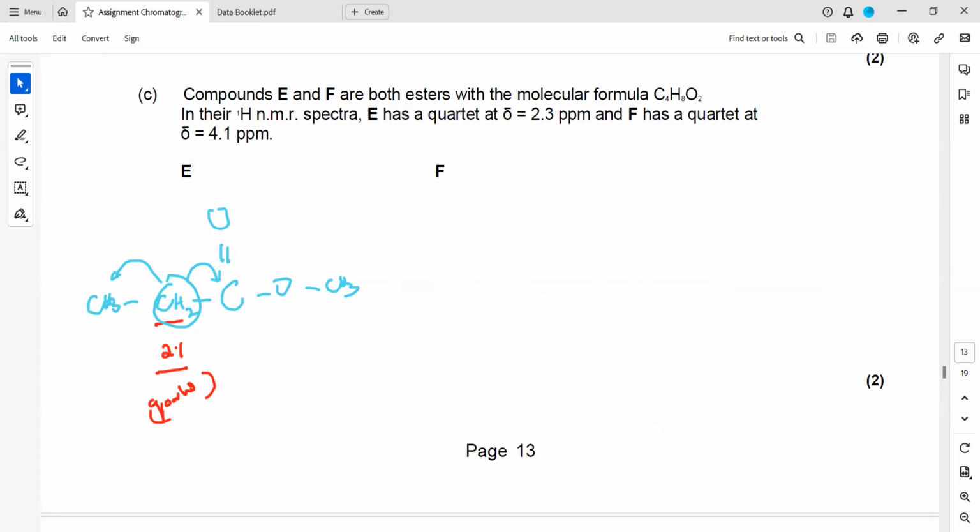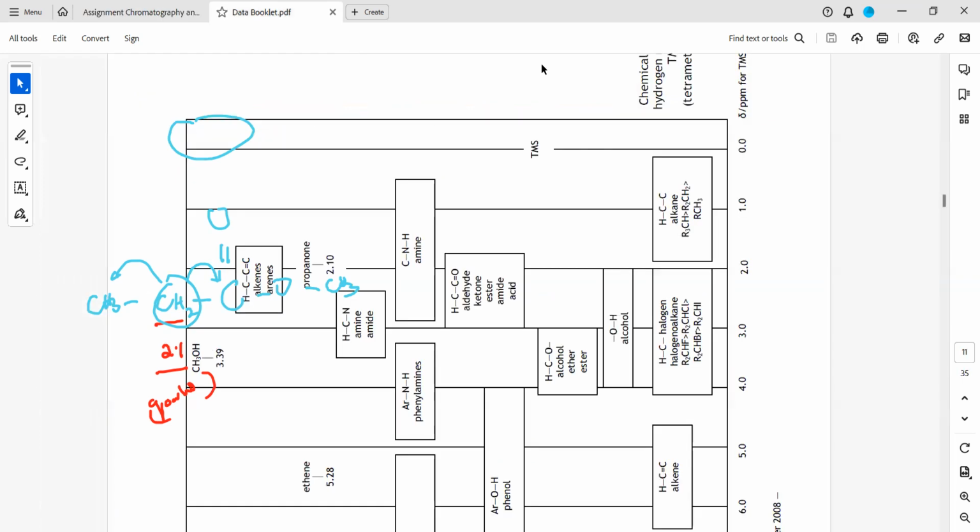Then the next one is 4.1, sorry, I thought 4.3. When you check 4.1, you draw a line from 4.1. What does it mean? 4.1 means when with oxygen, the oxygen of alcohol or oxygen of ester, if a carbon is attached with the oxygen of ester or alcohol, that will give us this peak of 4.1.